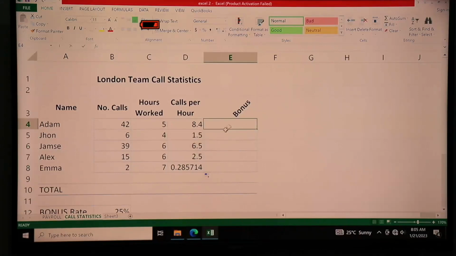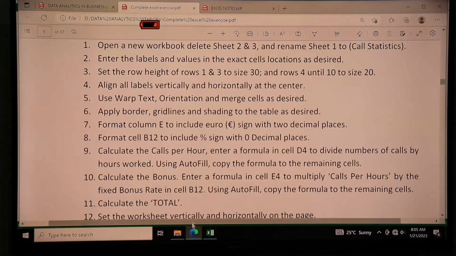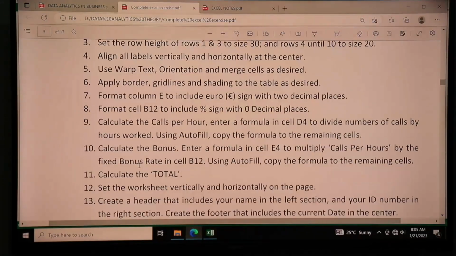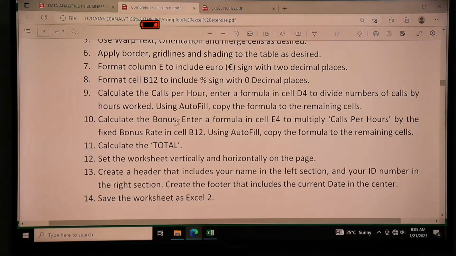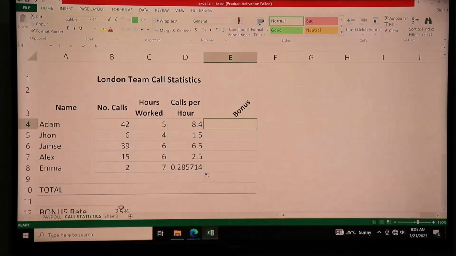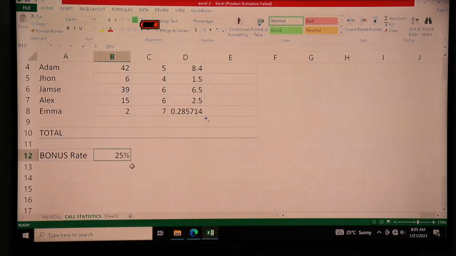Now, to get the bonus, the question was framed that you calculate the bonus, entering the formula in cell E4 to multiply the calls per hour by the fixed bonus rate in cell B12. So we have a fixed bonus rate that was set in cell B12. That simply means that B12 is supposed to be referred to by all formulas.